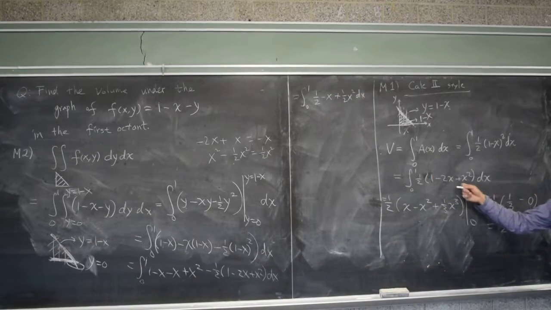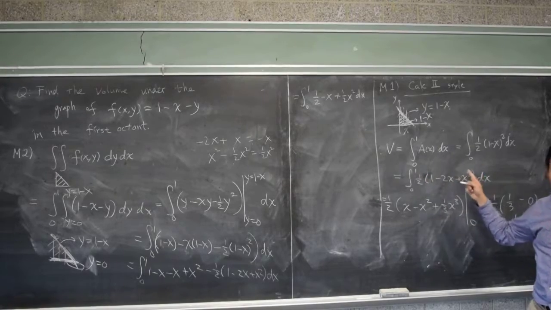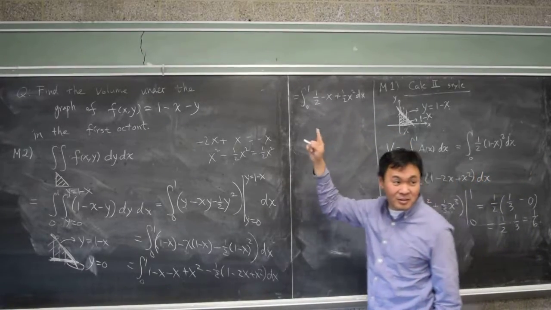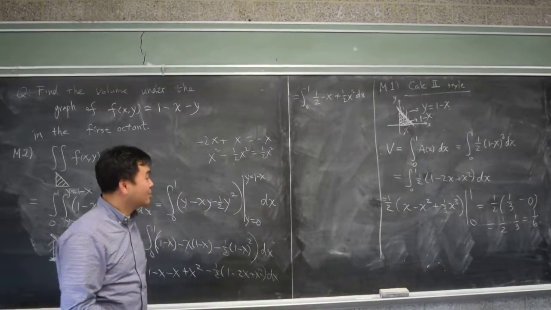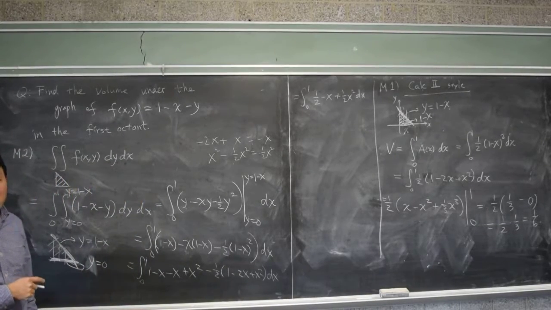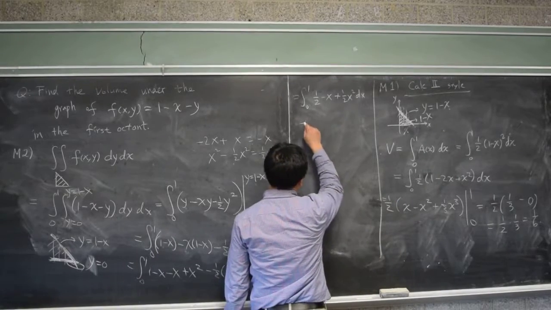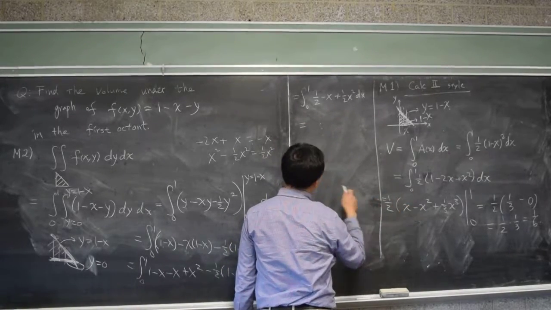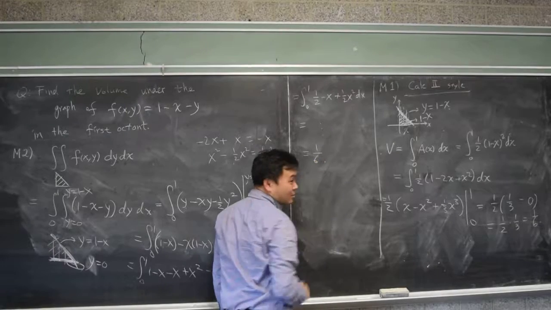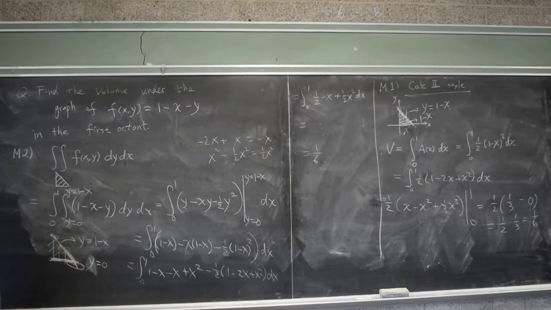Isn't that the same as this one? Same exact thing, right? If you multiply 1/2, it's exactly the same thing. You see that? So after this, the computation is the same thing. It's exactly the same computation. You end up with 1/6. The same way.